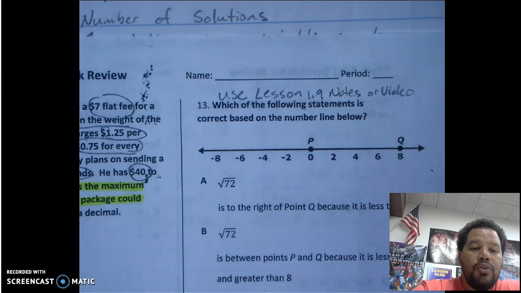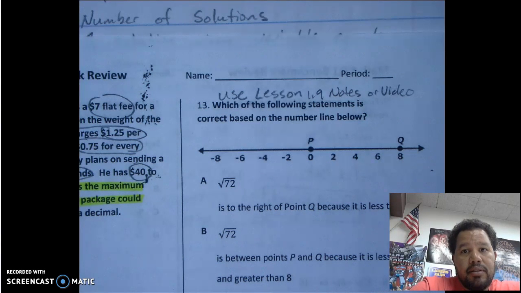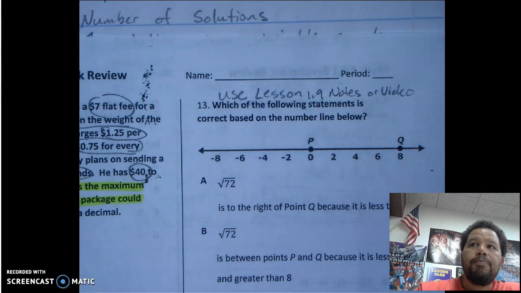And after doing that, you should be able to answer this question right here. Again, I don't want to do all the work for you because I want you to give yourself a chance to think about it and work it out and see if you can do it, because that's the whole purpose of a review. Can you do these problems? If you can, you are ready for the benchmark. If not, you need to learn how to do it for the benchmark. All right.